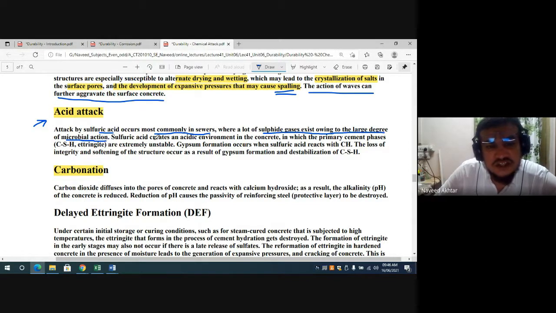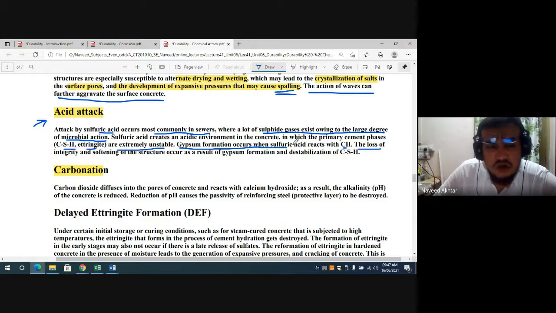So sulfuric acid creates an acidic environment in the concrete in which the primary cement phases, CSH and intrinsic, are extremely unstable, and gypsum formation occurs when sulfuric acid reacts with the CH, calcium hydroxide.